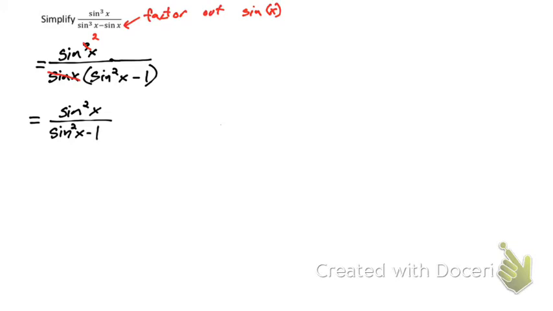Now we have sine squareds. That is our Pythagorean identity, which has all of our sine squareds in it. So once again, you should be thinking sine squared plus cosine squared equals 1. This time the 1 is negative and the sine is positive, so I need to move this 1 to that side and move the cosine to the other side.